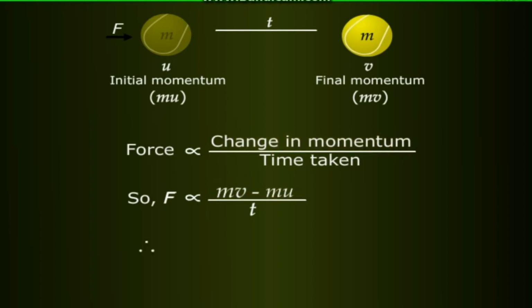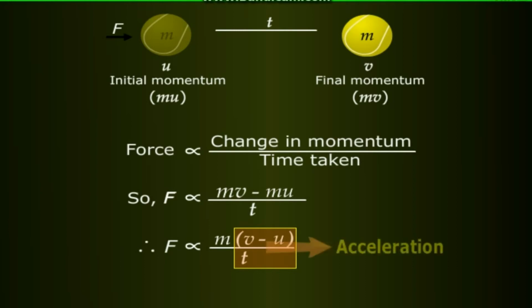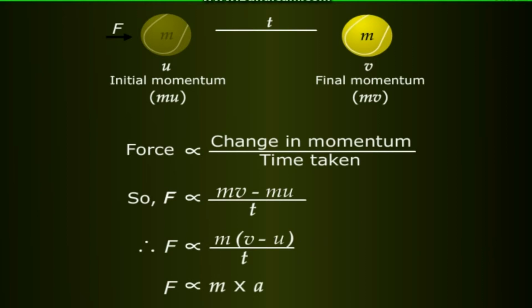Therefore, F is directly proportional to m into (v minus u) upon t. But (v minus u) upon t represents change in velocity with time, which is known as acceleration. Hence, we get F is directly proportional to m into a.